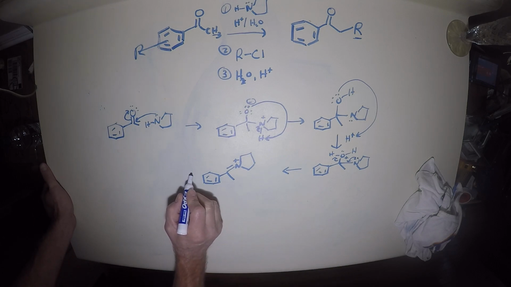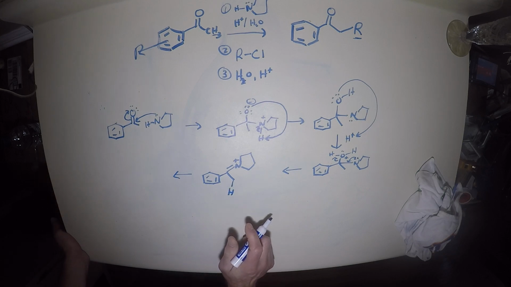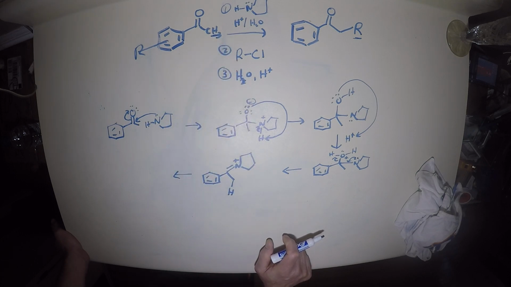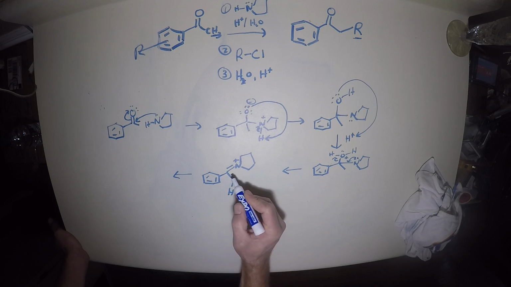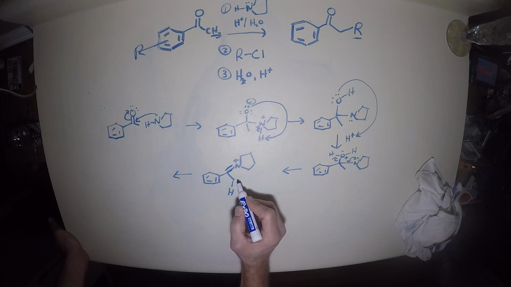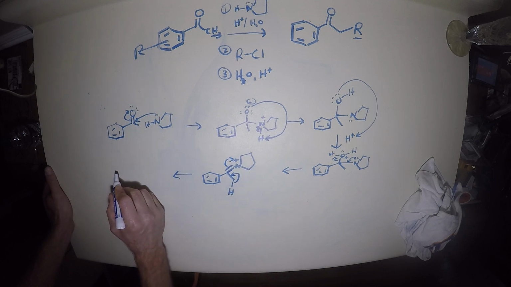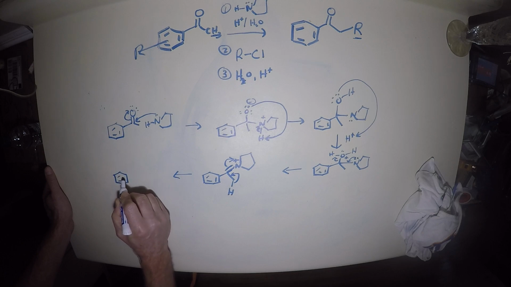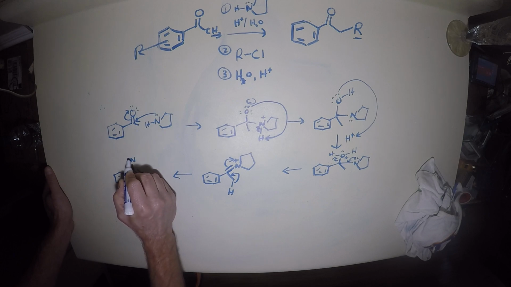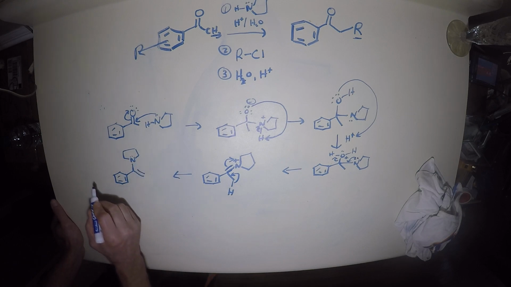Loss of a proton, and the key proton is again the alpha H, alpha to what was originally a carbonyl, but now it's an iminium ion. And again, if that proton is lost, we've now formed an enamine.